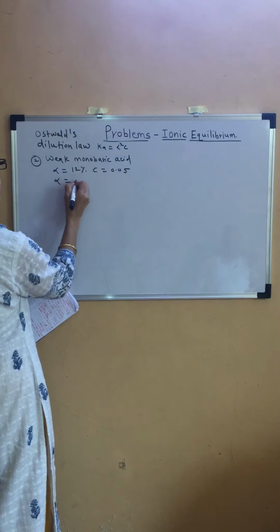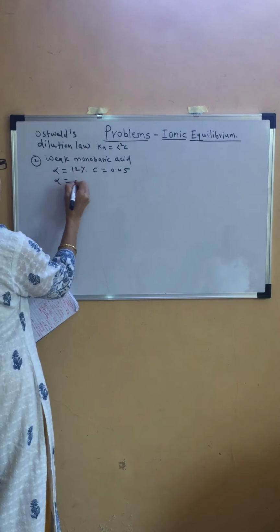As the acid is the same, what is the formula? Ka is equal to alpha square C, isn't it? Under the first condition, Ka is equal to alpha 1 square C1, and for the same acid Ka will be equal to alpha 2 square C2. So we can write alpha 1 square C1 is equal to alpha 2 square C2.